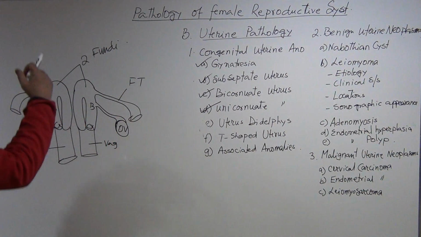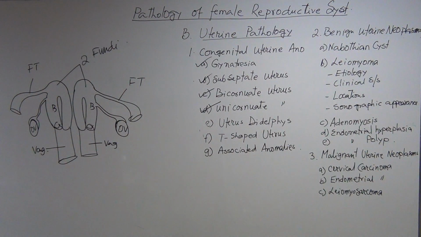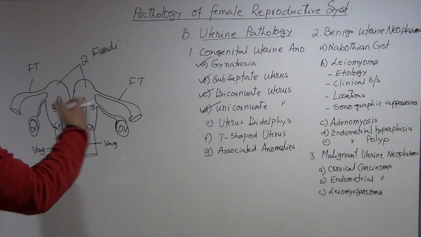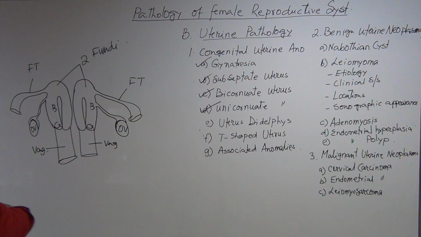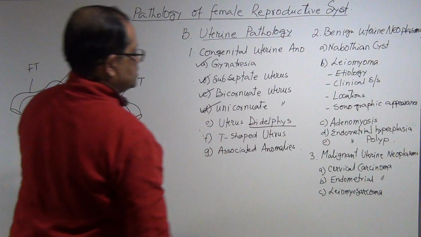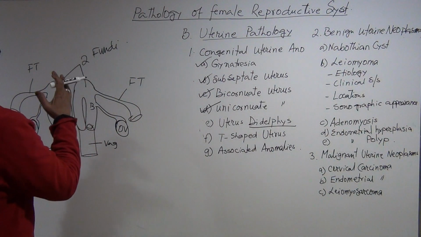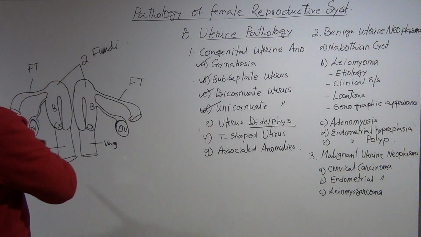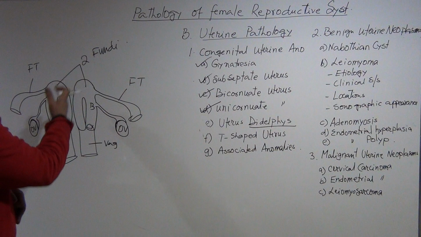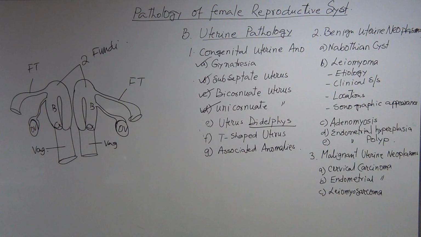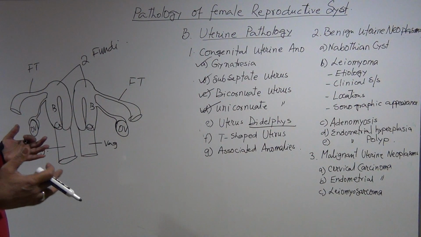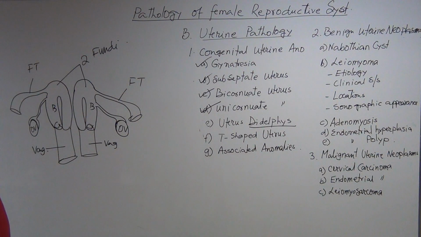So now everything is two. That's why it is called didelphys. Two uterus, two vagina, two fallopian tubes. Why? Because they did not combine with each other. They wanted to grow by themselves.